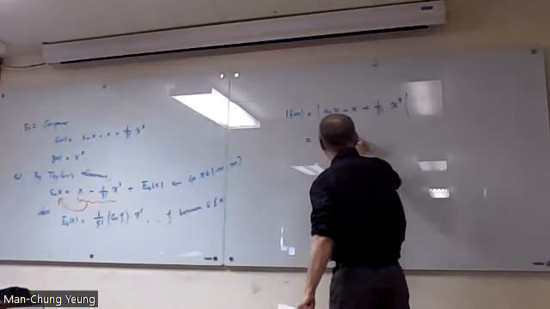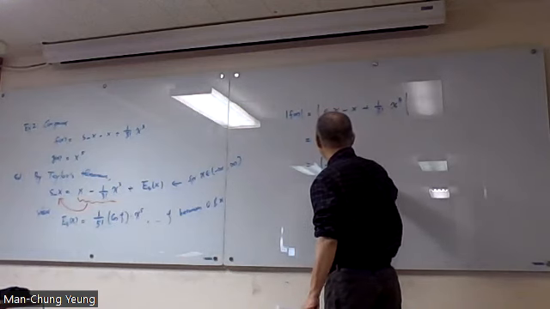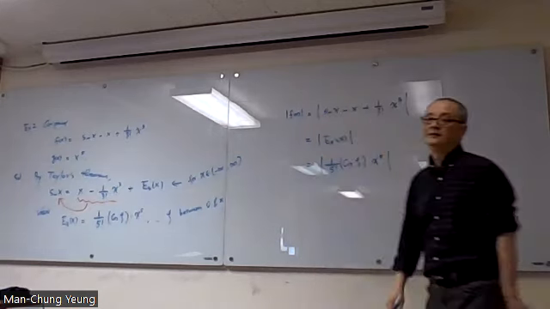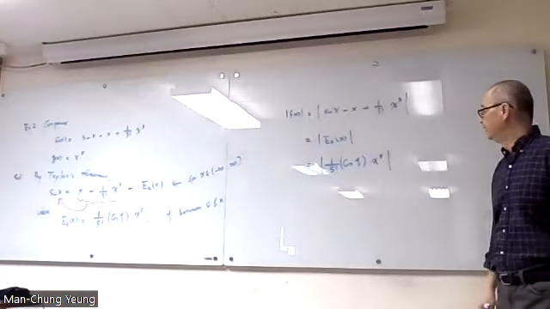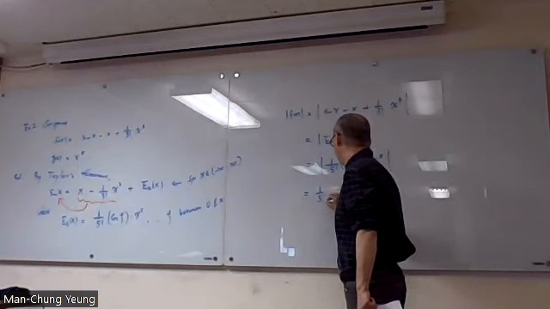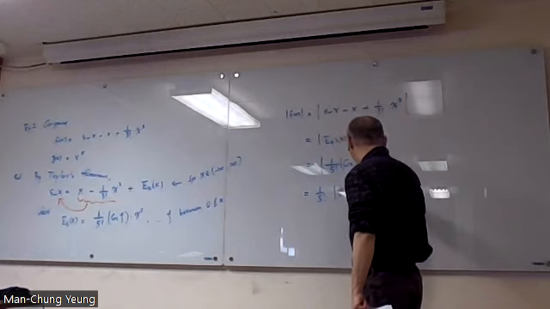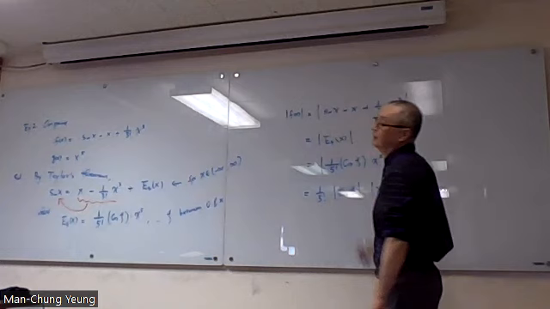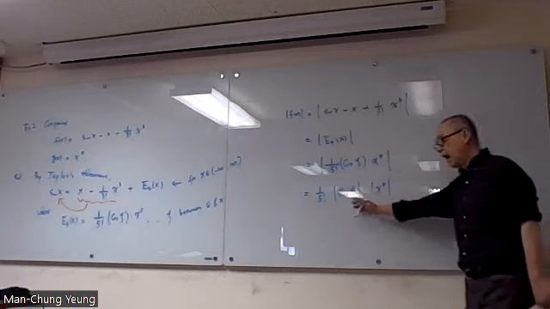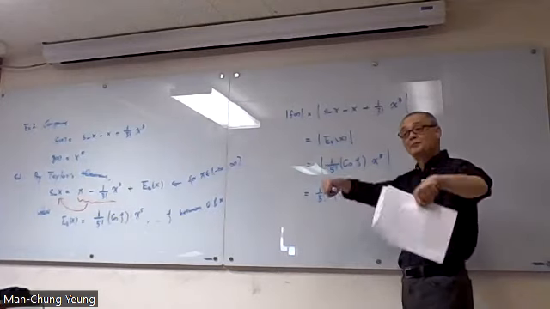So this is the absolute value of 1 over 5 factorial cosine theta times x to the fifth, which is 1 over 5 factorial times the absolute value of cosine theta times the absolute value of x to the fifth.